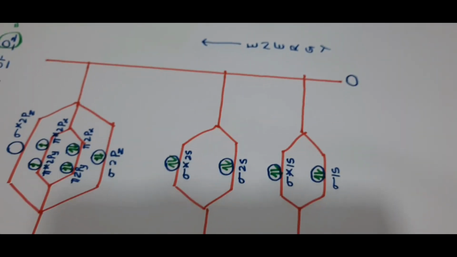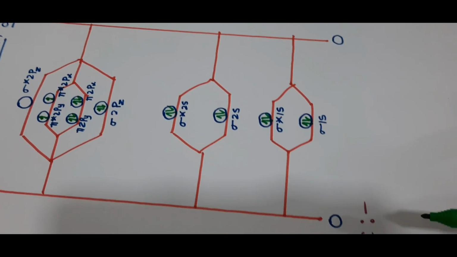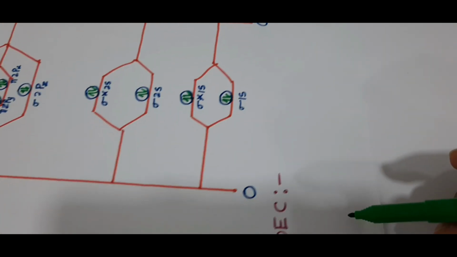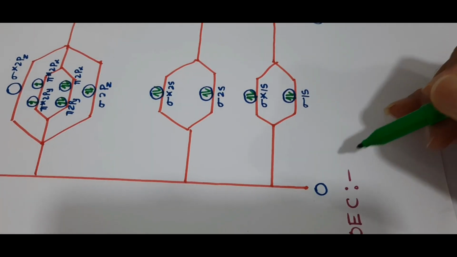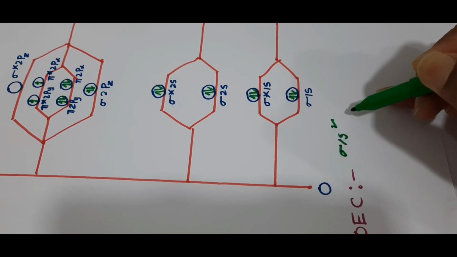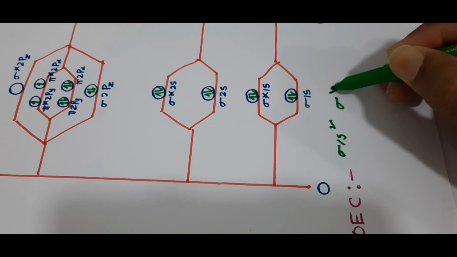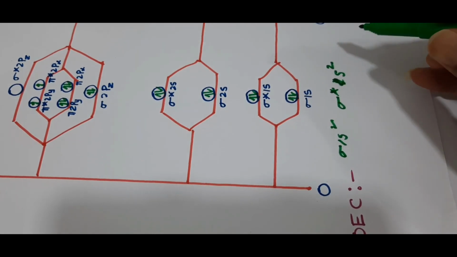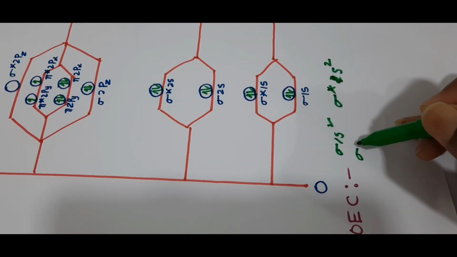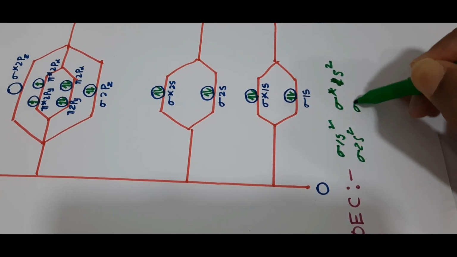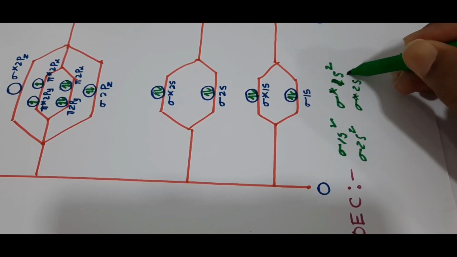From this diagram we are going to write its configuration, that is called MOEC. What is MOEC? Molecular orbital electronic configuration. Write its configuration. Sigma 1s has 2 electrons. Sigma star 1s has 2 electrons. Then sigma 2s has 2 electrons. Sigma star 2s has 2 electrons.